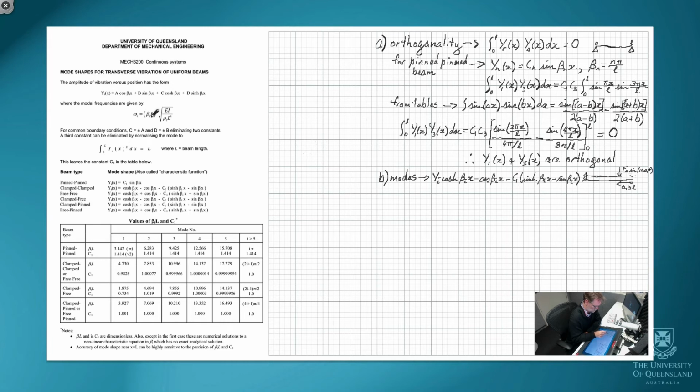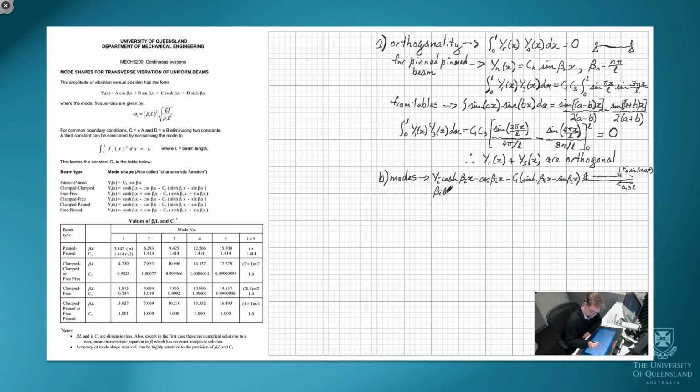We also have our natural frequency, which we need these beta L values. So we look down in this table for a clamped free beam. It gives us our beta L's for each first, second, third and fourth mode, and this constant C1, which we need in this mode shape equation to give us the shape of the modes. Okay, so let's write down what those beta values are.